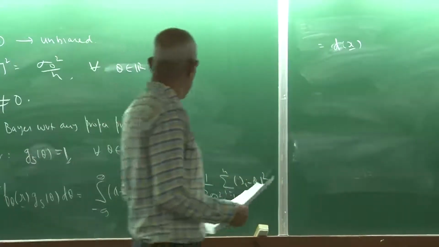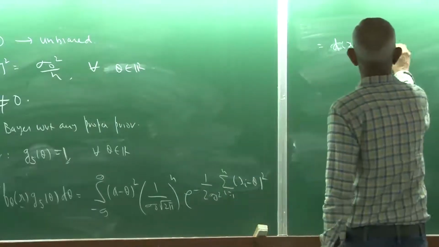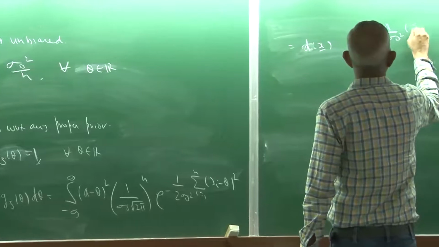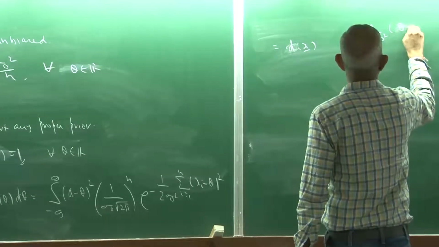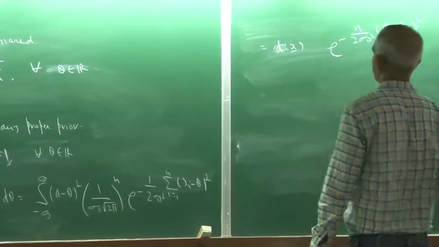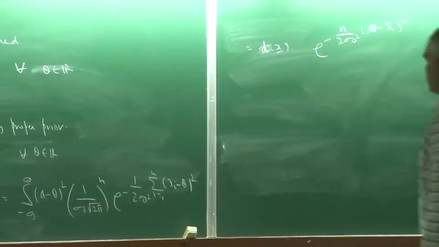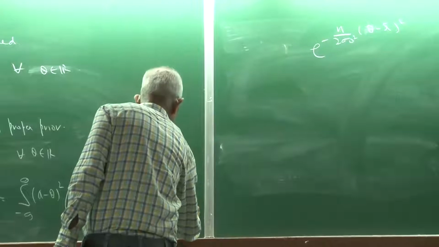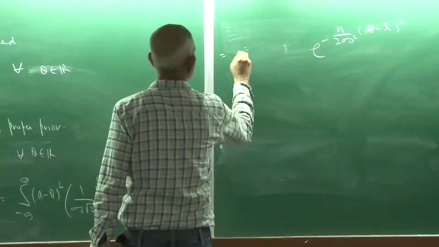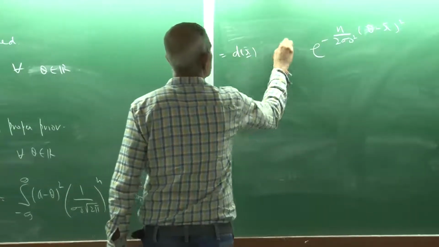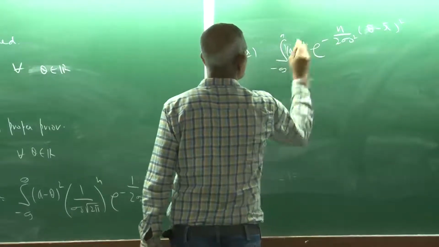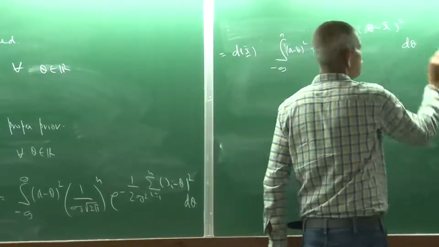So it becomes e to the power minus n by 2 sigma naught square (x bar minus theta) whole square, that means (theta minus x bar) whole square. Dx goes outside the integral because this whole integral is with respect to theta, which is dx times integral from minus infinity to infinity of (a minus theta) whole square d theta.